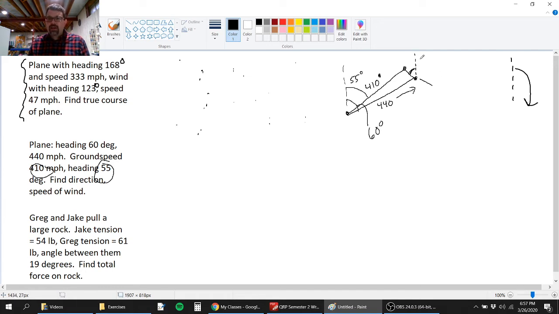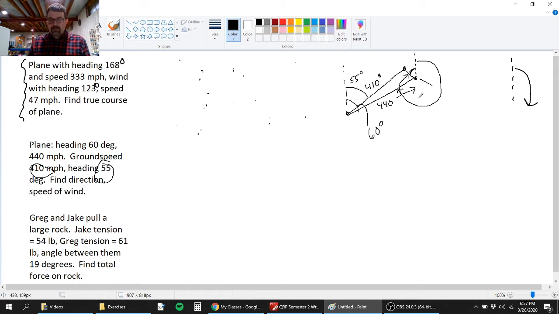And if we can figure out that angle, then the speed of the wind will be the length of that side. The actual heading would be this guy from straight north all the way to the wind vector. So on my crude drawing, it looks like it's going to be northwest-ish for the wind, so something like 315 degrees or that kind of ballpark.